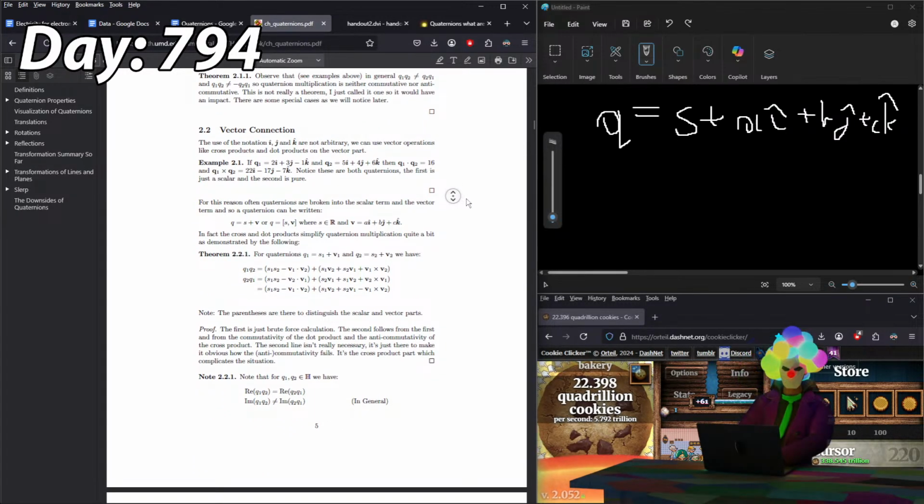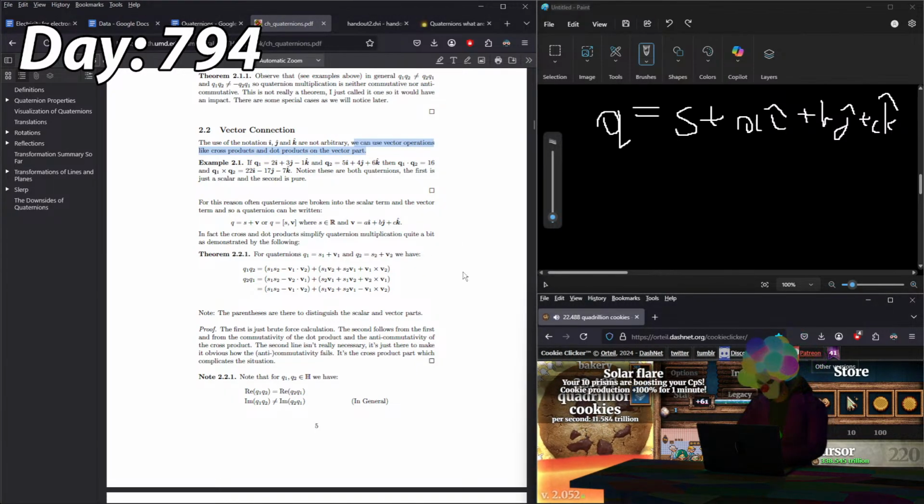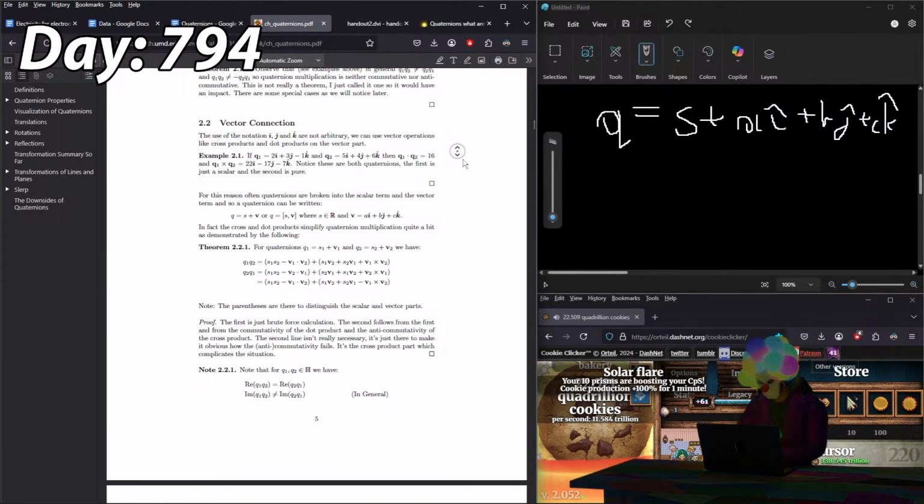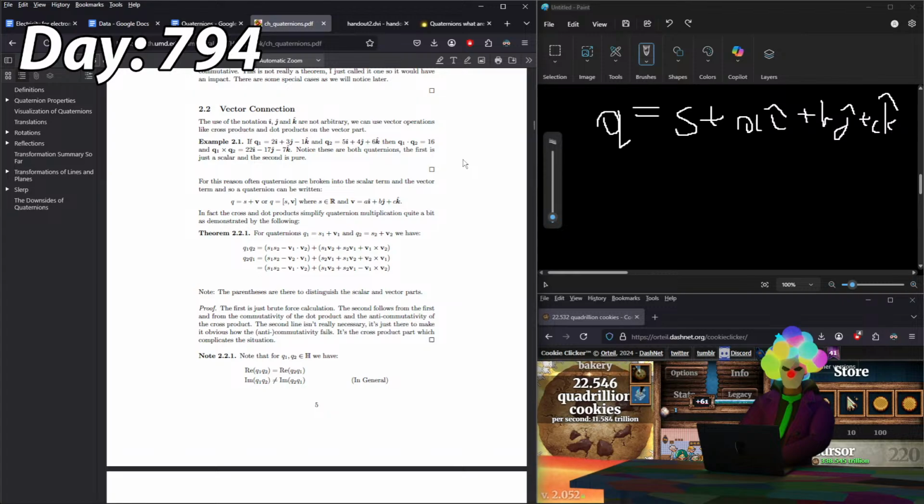The use of the notation i, j, and k is not arbitrary, we can use vector operations like cross products and dot products on the vector part. Well, there we go. That should answer your question, Mashrit. I hope that answers your question. If Q1 is equal to this and Q2 is equal to that, then Q1 times Q2 is equal to this. Both quaternions, the first is scalar and the second one is pure.